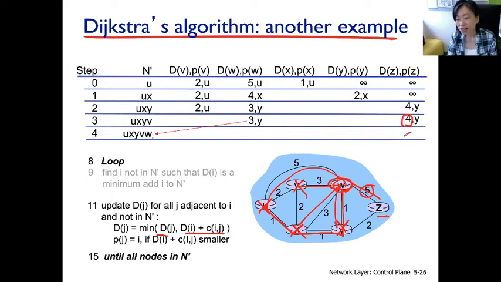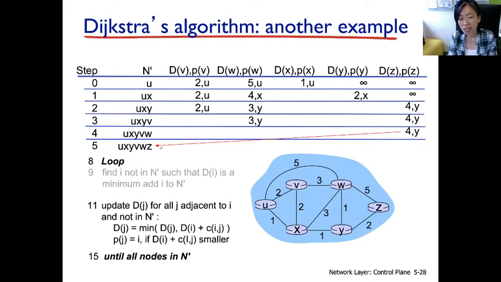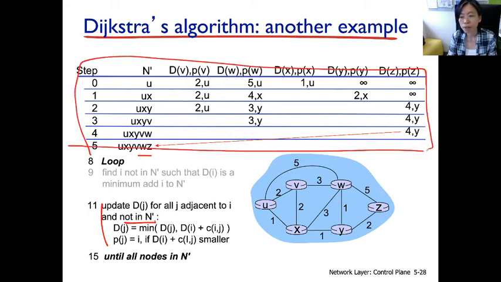Well, no. So 4y remains here, and that fills up the last row. Next is to include z into the N prime set. And that iteration for step 2 is trivial because no nodes are remaining that are not in N prime. And so this is the complete link state derivation table for the second example.